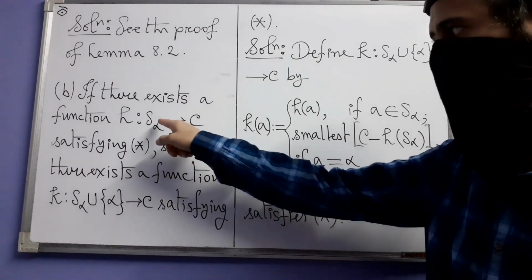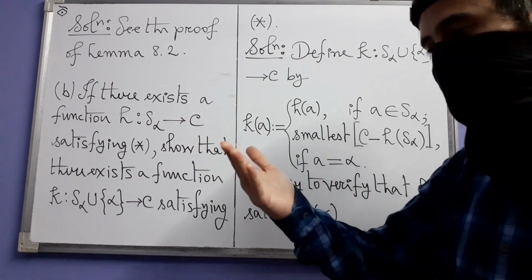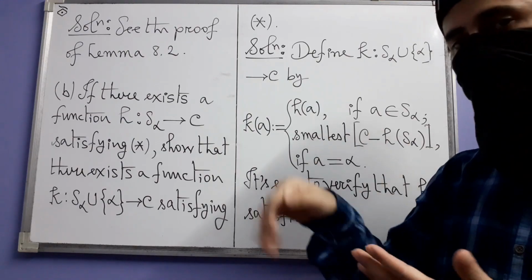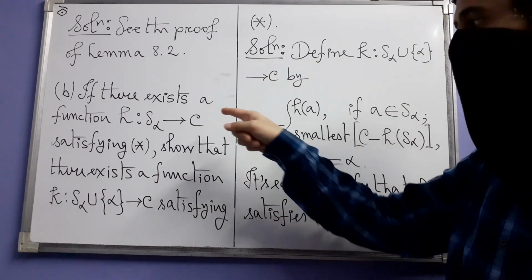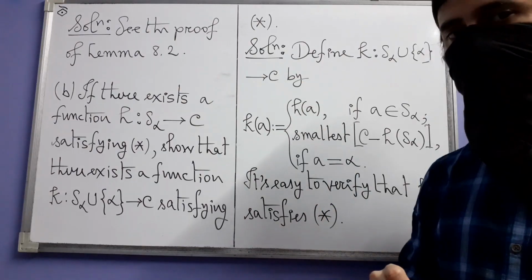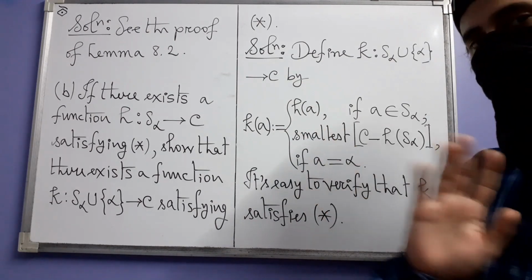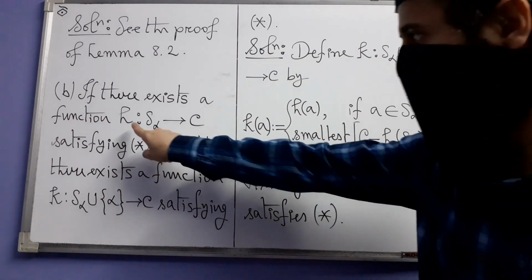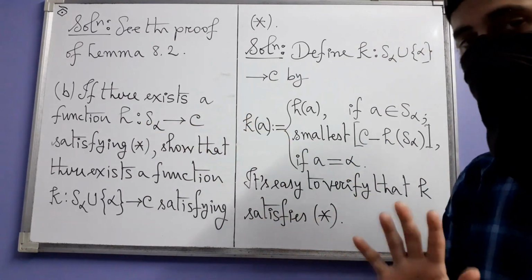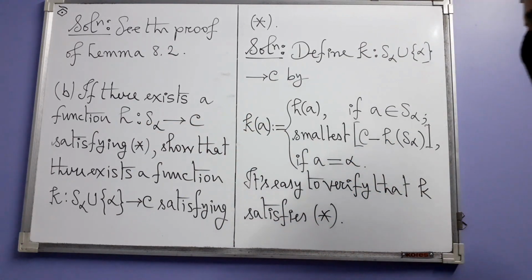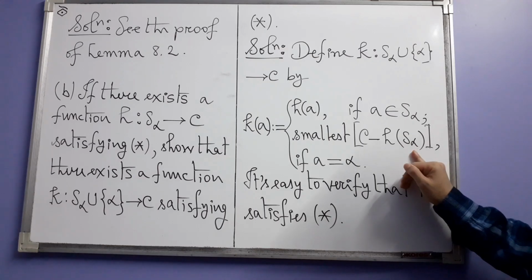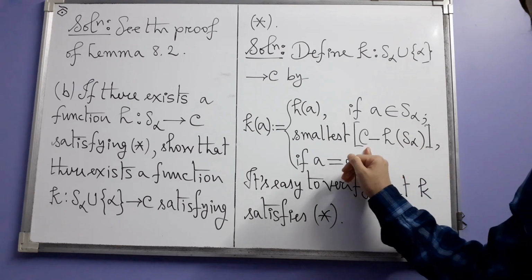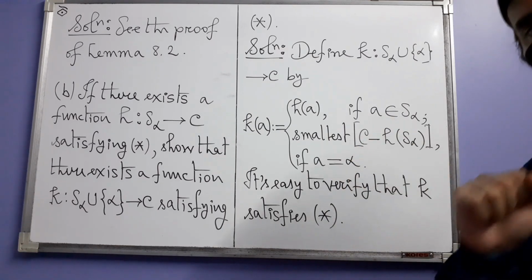Then using this onto function, you can extend it to the entire set J to create an onto function from J to C. And it's given that that is not possible, and that is why this function H itself is not onto. And that is why H of S alpha is a subset of C, but it's not equal to C, it's a proper subset of C.